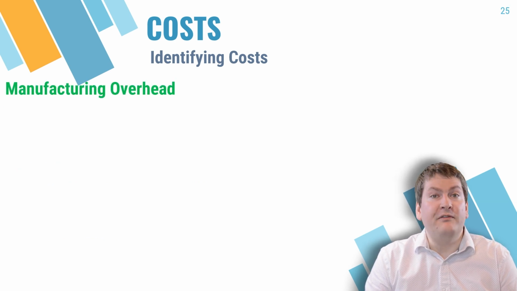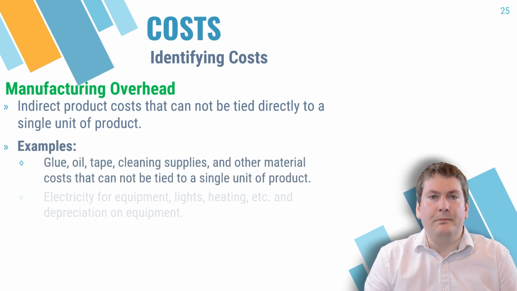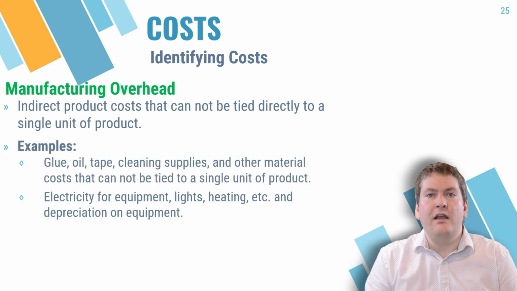The next is manufacturing overhead. This includes any product manufacturing related costs that cannot be directly tied to an individual unit of product. For example, a company producing toy cars might know that they need glue and oil to make toy cars, but not exactly the amount that goes into each individual car.